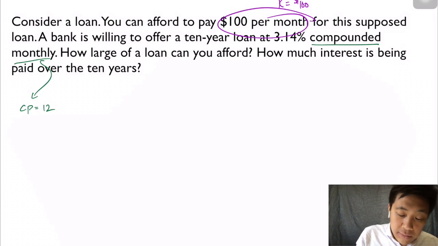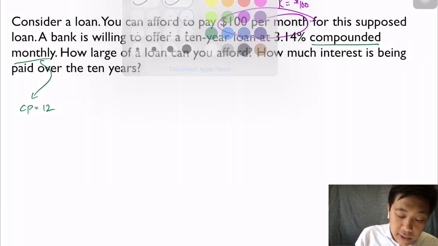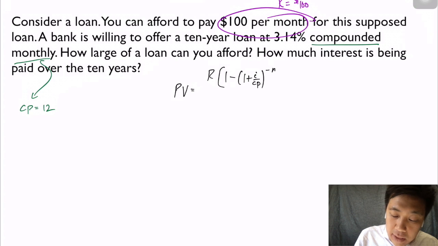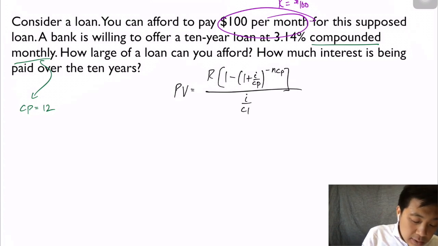Again, I'll rewrite the formula here. The present value is R times 1 minus 1 plus I over the compounding period, and again, the negative time in the exponent of the numerator. So our variables are the present value, which we're looking for.